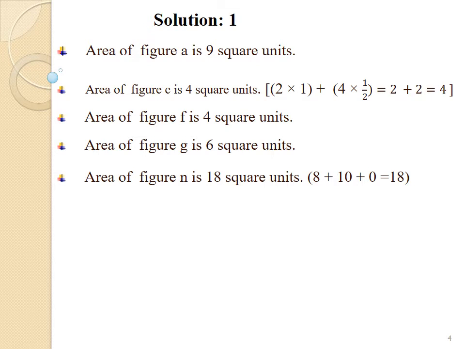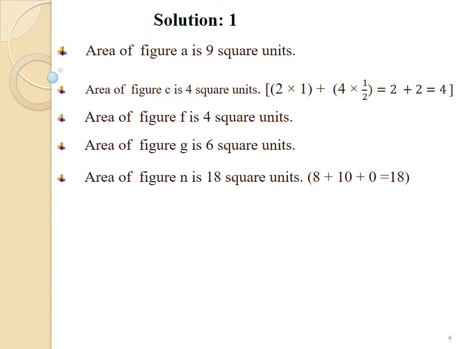Now, answer of figure C. Figure C contains 2 fully filled squares and 4 half-filled squares. Thus, the area of figure C is 4 square units. Figure F contains only two fully filled squares and four half-filled squares.